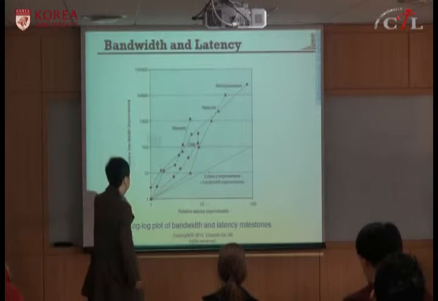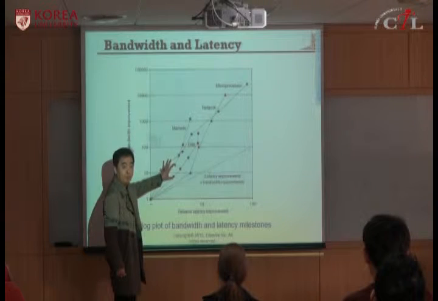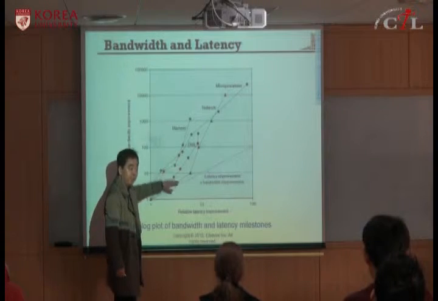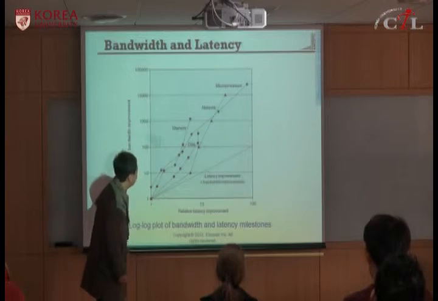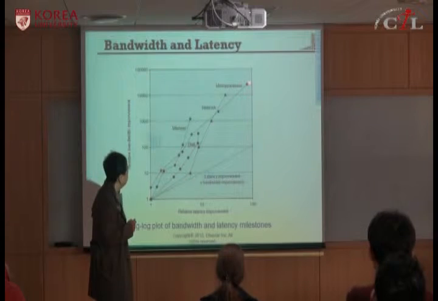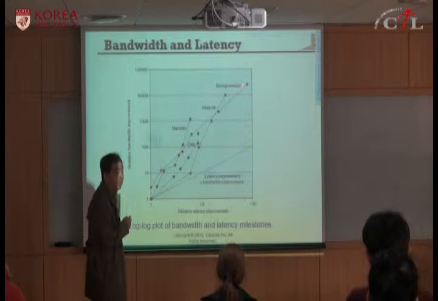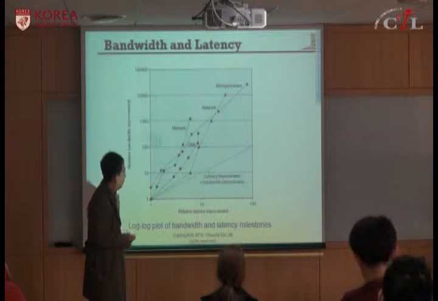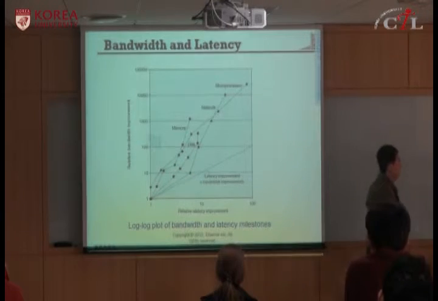If they are about the same, they should follow the line, but they can improve more bandwidth or throughput than latency. Okay? And the biggest performance gain was achieved by processor, more than 10,000 times, right? For the last about maybe 20 or 30 years.